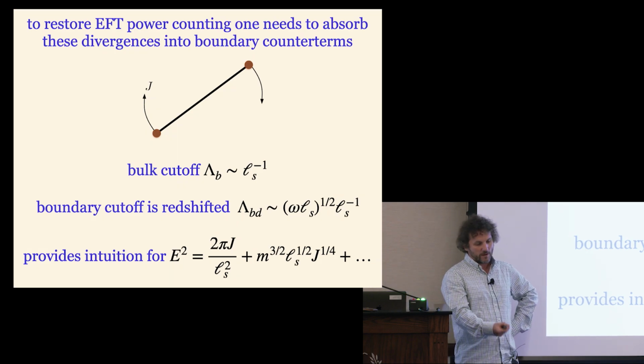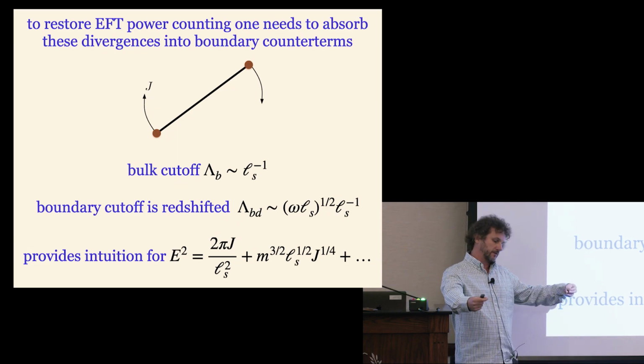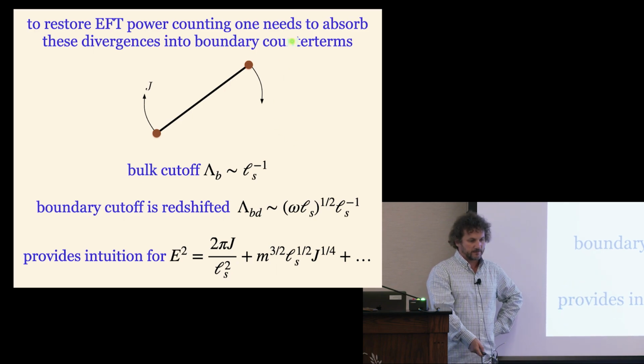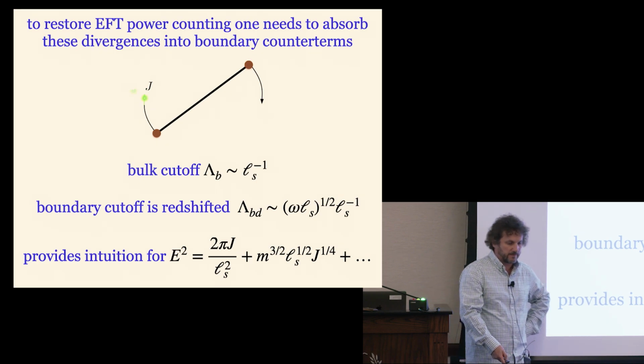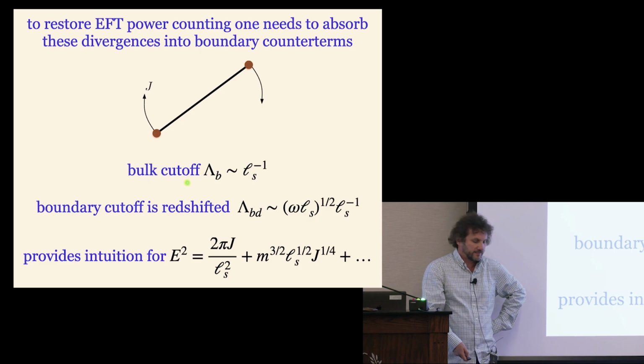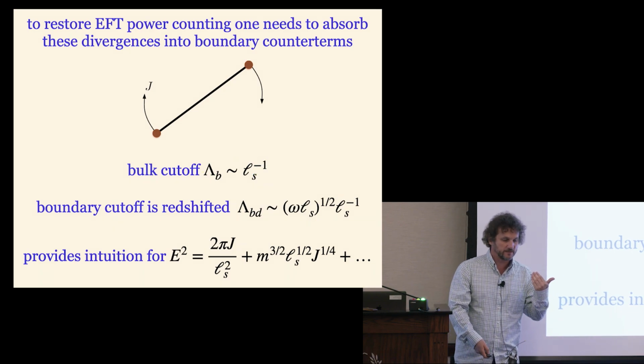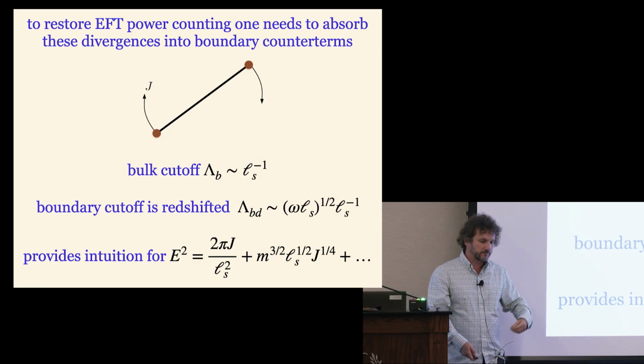And that already provides intuition. So one way to remove the singularity, for instance, is that instead of considering massless quarks, one can consider an open string with a massive quark at the end. And when one does that, there is no singularity anymore. But of course, when the quark mass approaches the string scale, the power counting still breaks down.